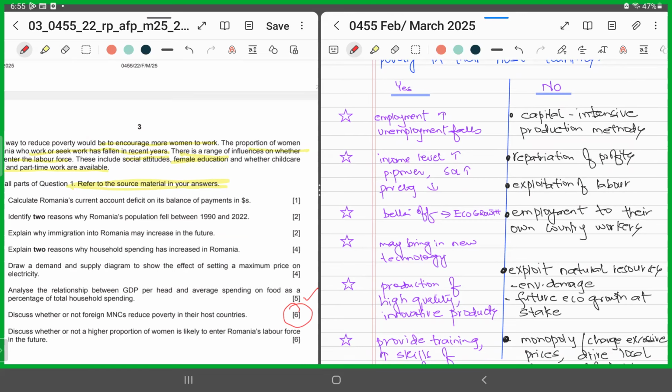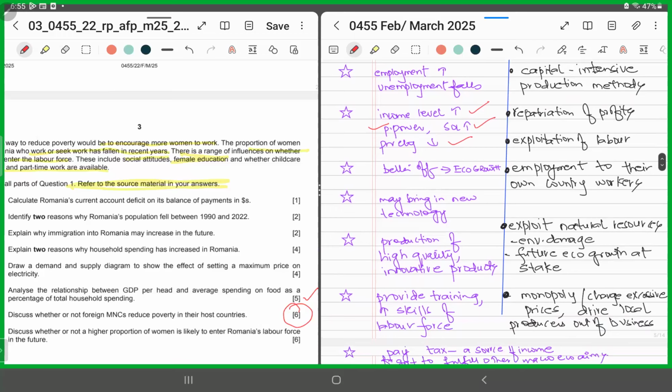Since they are providing job opportunities, the income level of the people is going to rise and the purchasing power of people is going to improve. As a result, the standard of living is going to rise and the poverty level in those countries is going to fall. Overall, the people are going to be better off and the economy is going to experience economic growth. The PPC would be shifting outwards towards the right, showing an increase in the productive potential of the economy.